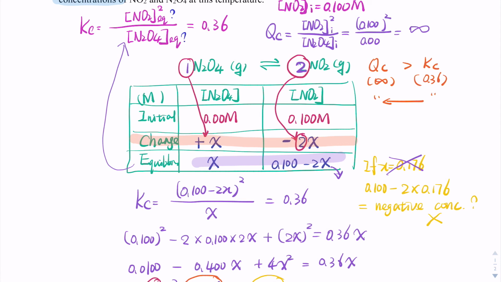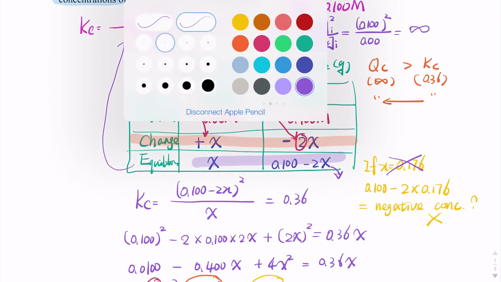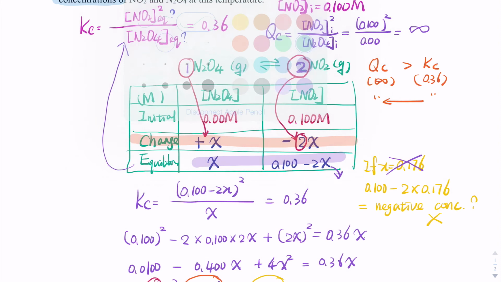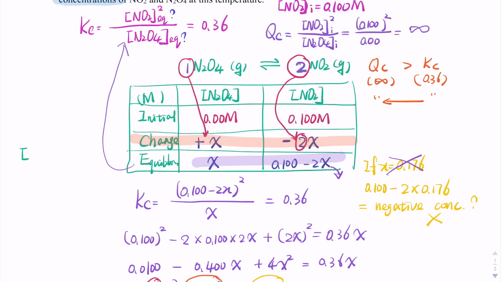Now you plug this back into the expression. At equilibrium, the concentration of N2O4 will equal x, which is just 0.014, and the concentration of NO2 will equal 0.1 minus 2 times 0.014, which gives us 0.072.